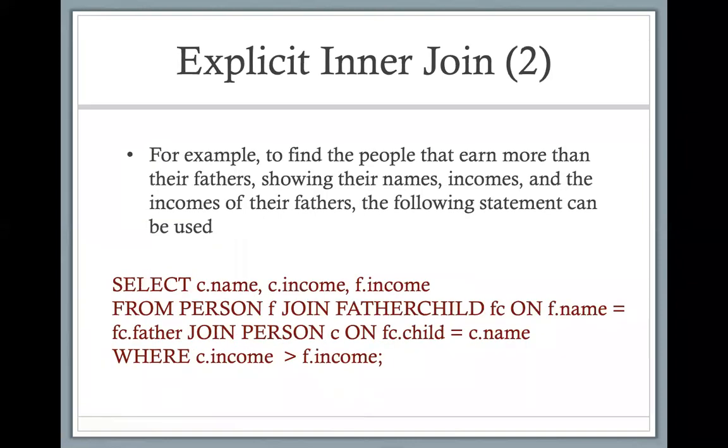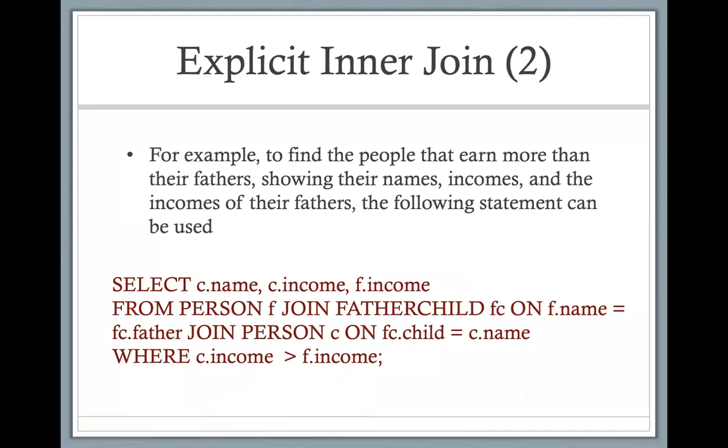Here's the same query we did: find people that earn more than their father, showing their names, incomes, and incomes of their fathers. We've seen it using select from 3 tables with commas, but I can also use the join keyword.